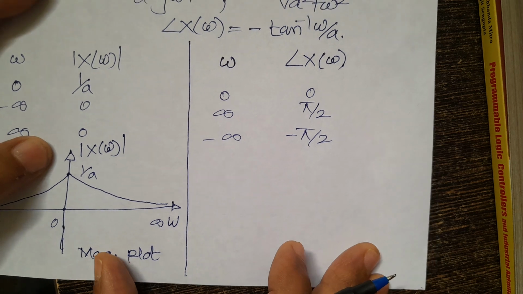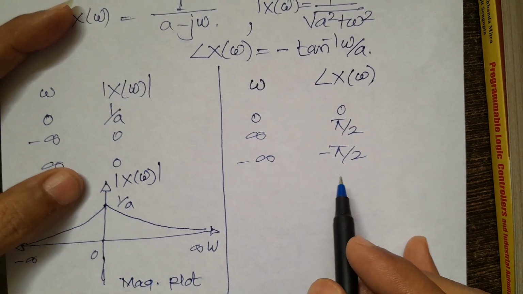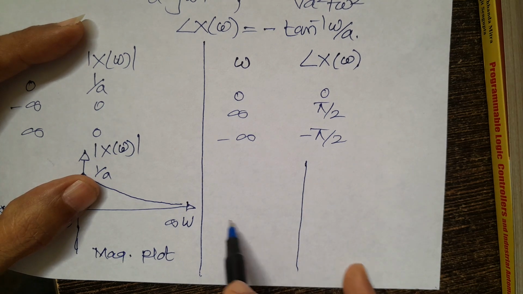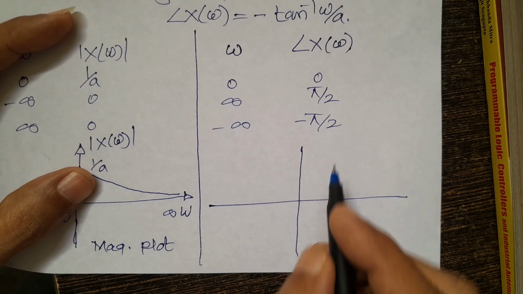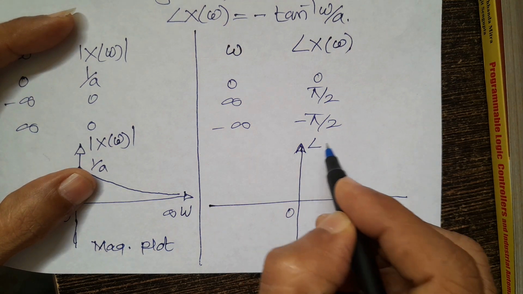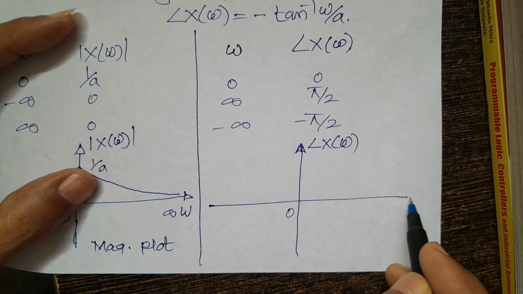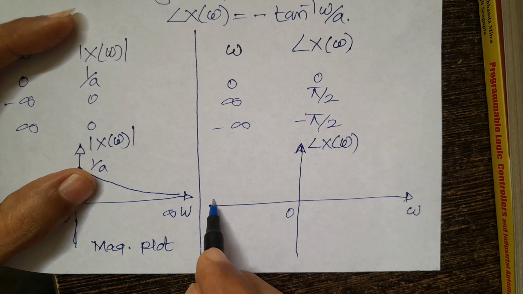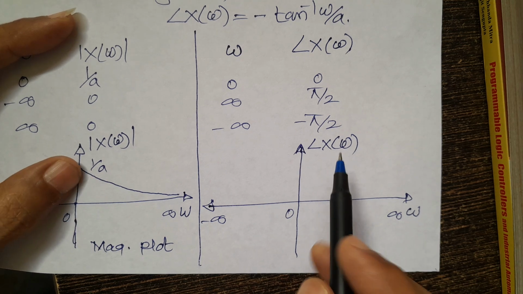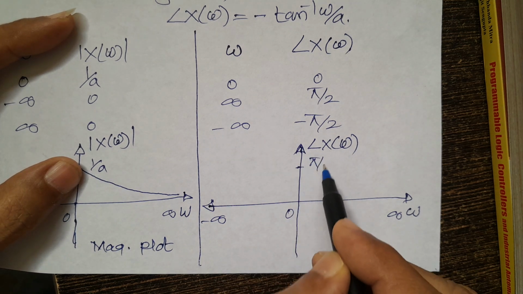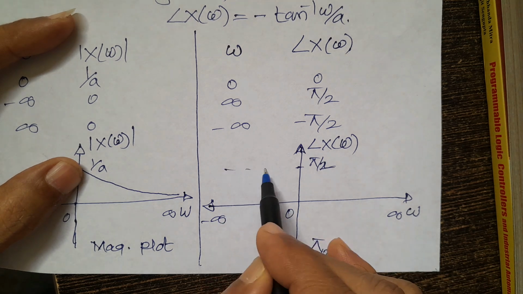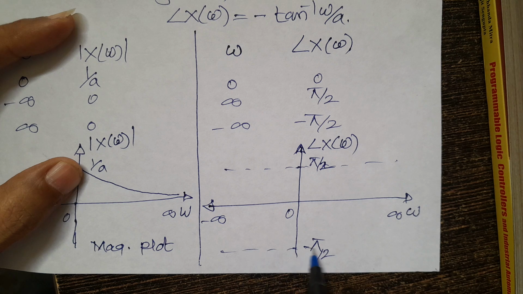And now the phase plot, we have to draw the phase plot from this. So this is 0, this is the angle of X(omega), this is the frequency, on this side it is minus infinity, on this side infinity. Suppose this is pi by 2 and this is minus pi by 2, this is the pi by 2 line and this is the minus pi by 2 line.